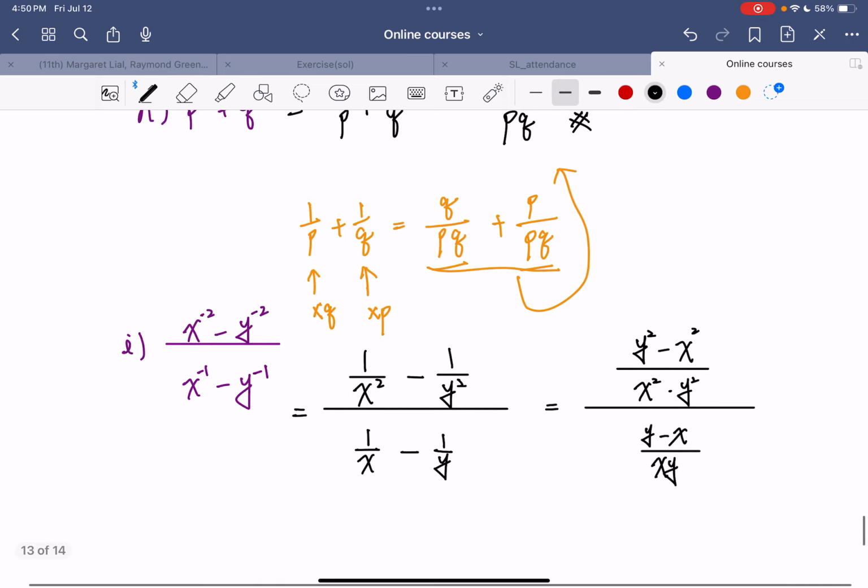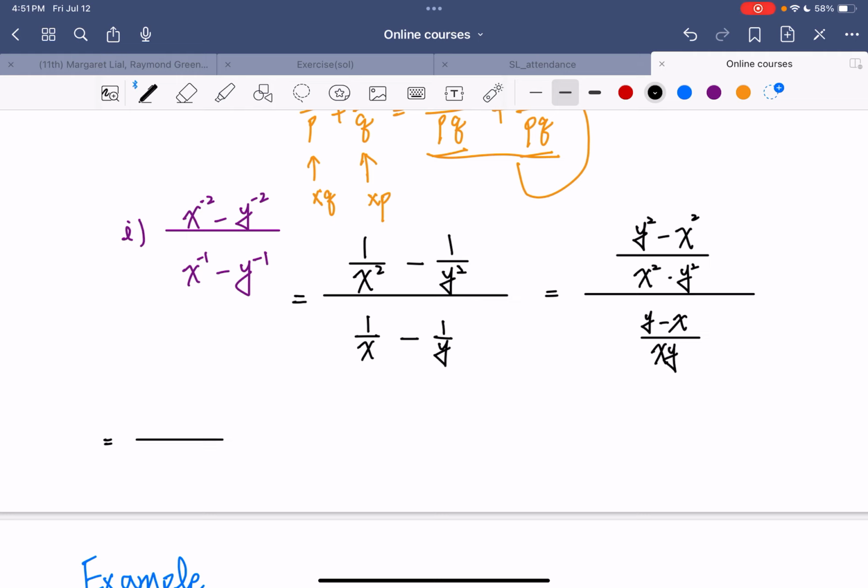Okay, and then not end yet. We have to make them into an easier form. So what we can see from here, y squared minus x squared, and then we got x squared y squared.